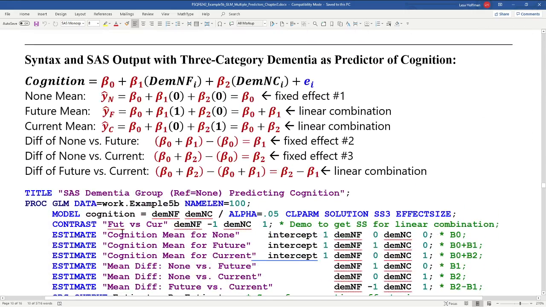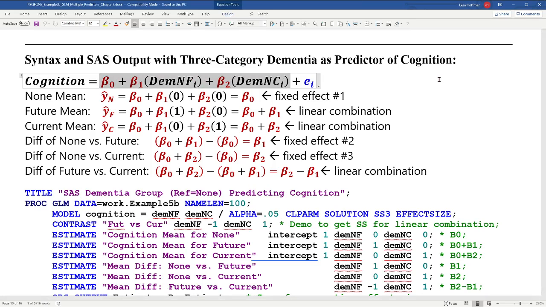Last but not least, we're examining the bivariate effect of dementia group, where we have both dummy-coded predictors included in the model at the same time. They have to both be in here in order for the interpretations that we've given them to hold. The way that we've computed these variables is such that when both of them are 0, we're talking about the none group as the reference.